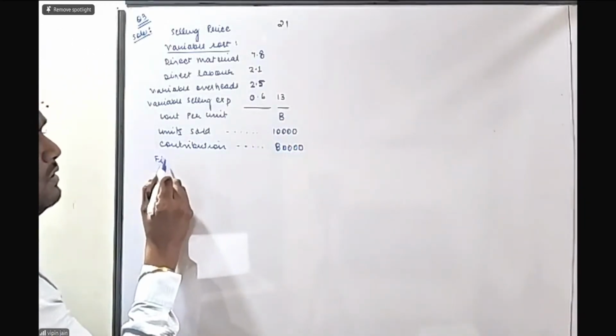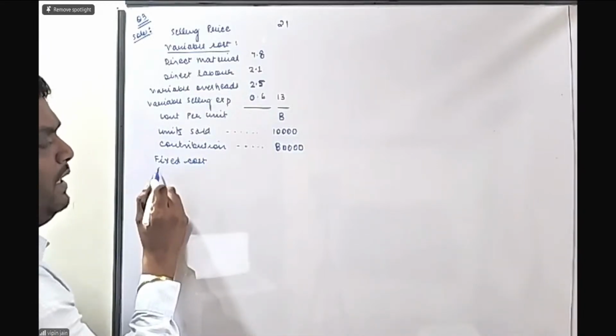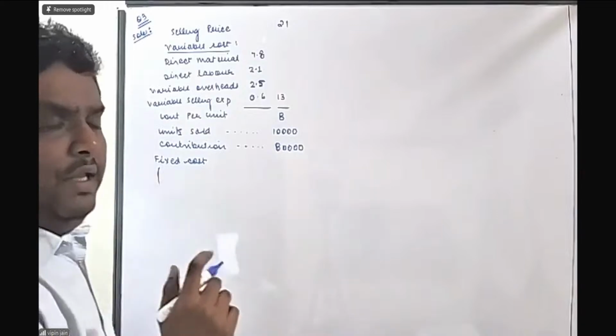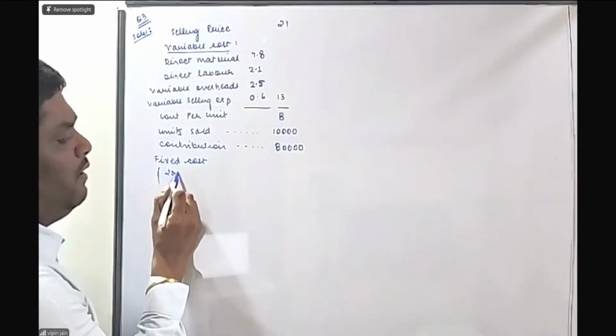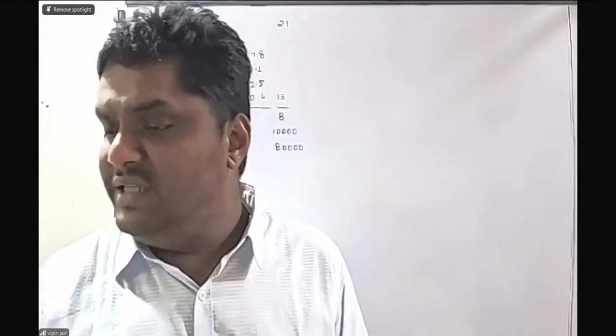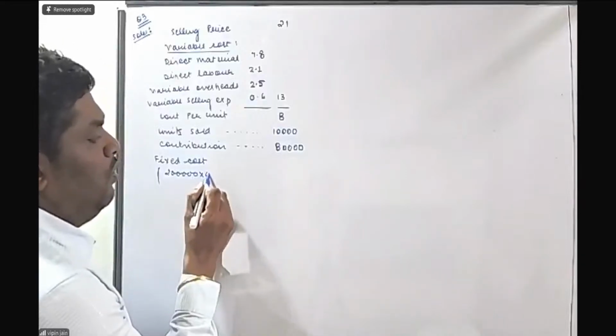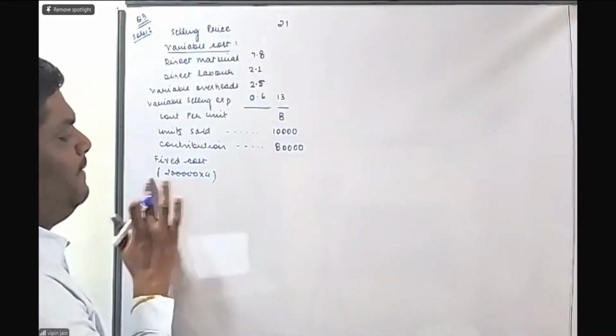My fixed cost, see, total units sold in a year is 2 lakh. The normal capacity is 2 lakh. So the total units sold is 2 lakh. 2 lakh into 4, 8 lakh.